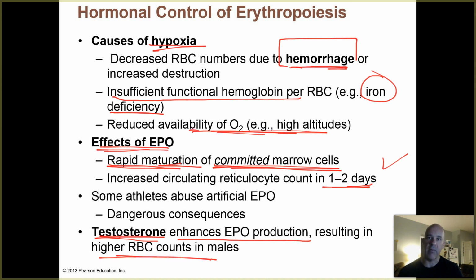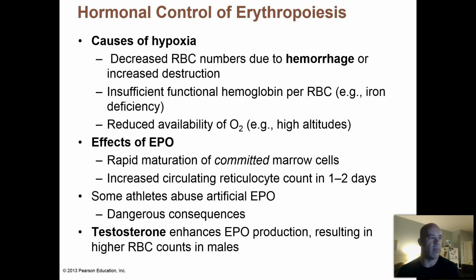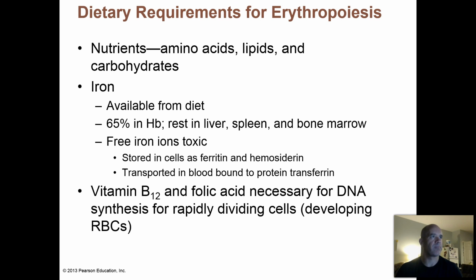And as we've talked about before, that's one of the key reasons why males in general are able to do things like run for longer periods of time, or run faster, or lift heavier weights, those types of things, because more oxygen gas gets delivered to their skeletal muscles because of the increased number of red blood cells that they have compared to the average female. It's one of those gender differences.